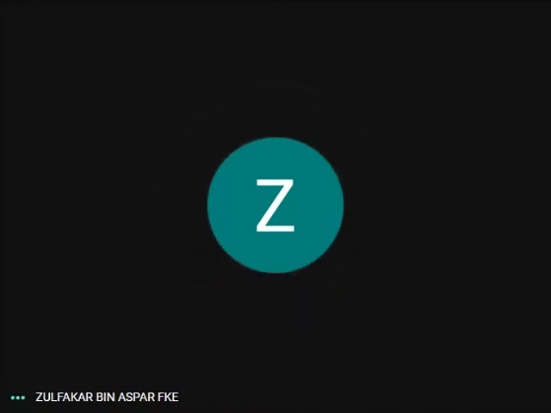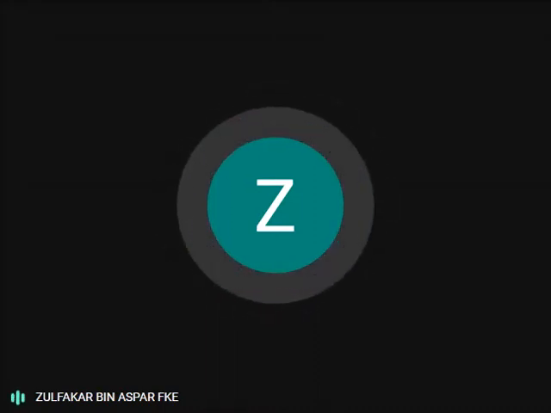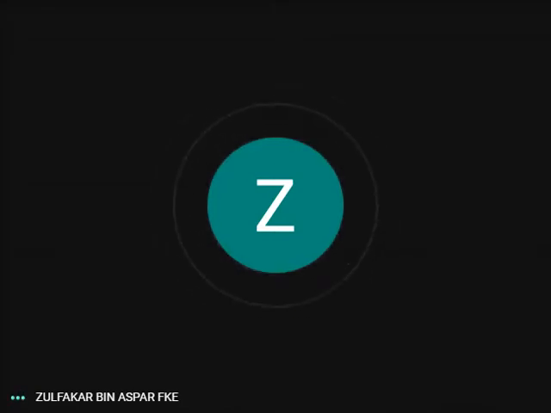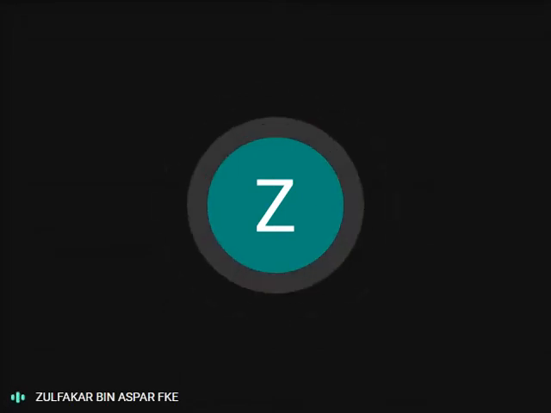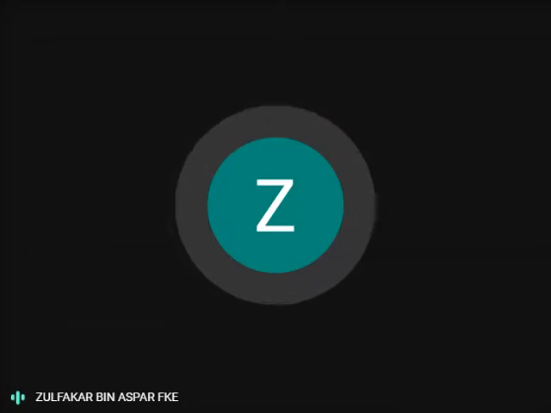I upgrade the notebook a little bit. I don't have much budget, so I add RAM. I think I add 6 gigabyte RAM, so now it is 10 gigabyte. So I'm quite comfortable.